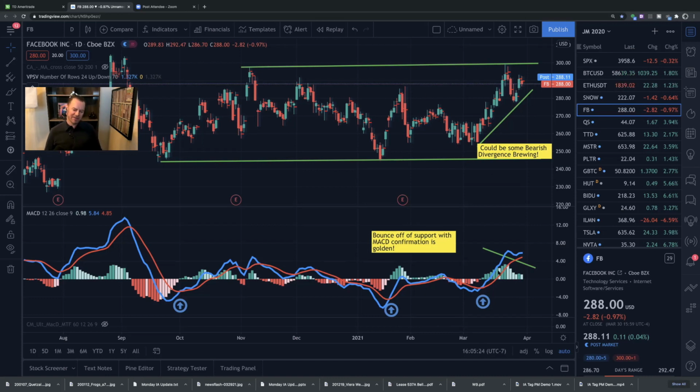Now, what's happening as well is if you look at the MACD, it's downtrending a little bit. So you've got the price trending up, the MACD trending down, which tells you what? Bearish signal. So if Facebook fails to break through that $300 resistance at the top, you know what that all means, don't you?